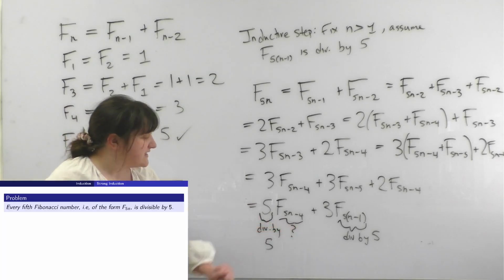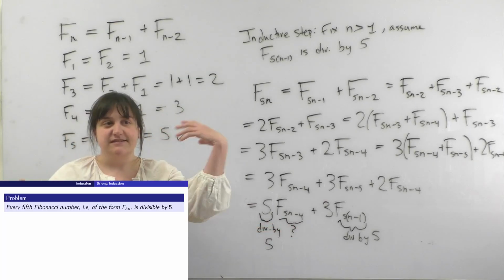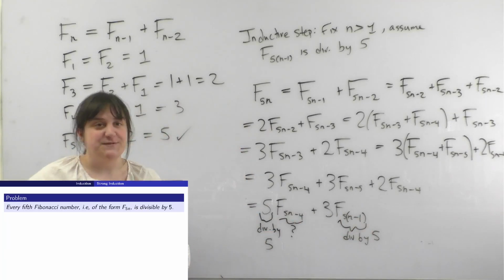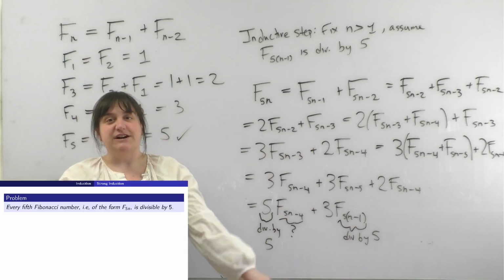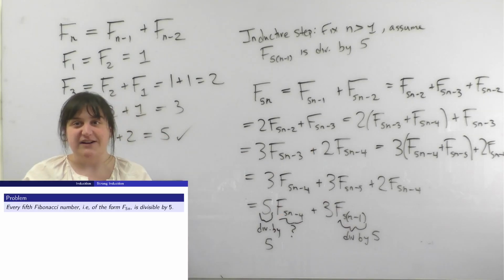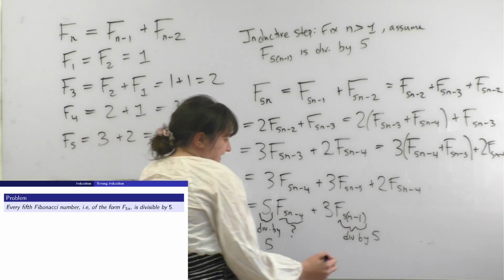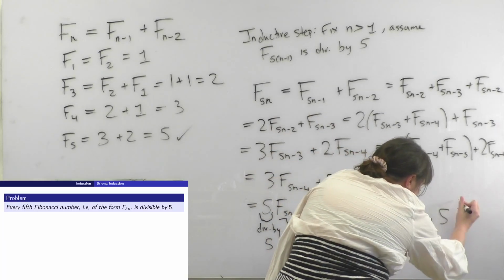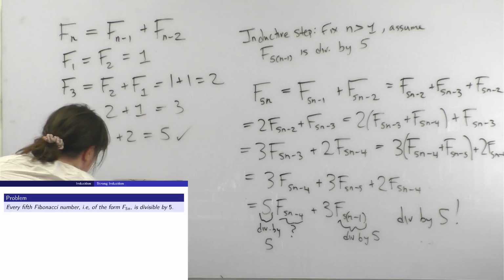So I have one thing that's divisible by 5 because it's something divisible by 5 times another integer. I have another thing that's divisible by 5. We saw that the sum of two things divisible by 5 should still be divisible by 5. QED, 1.